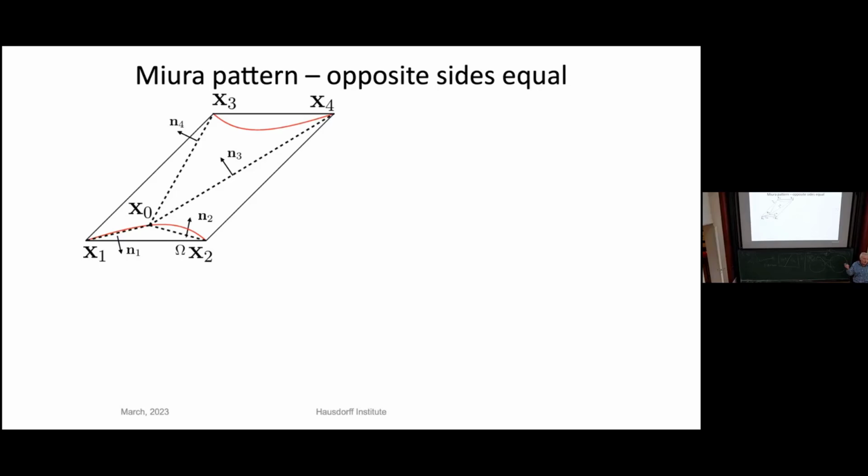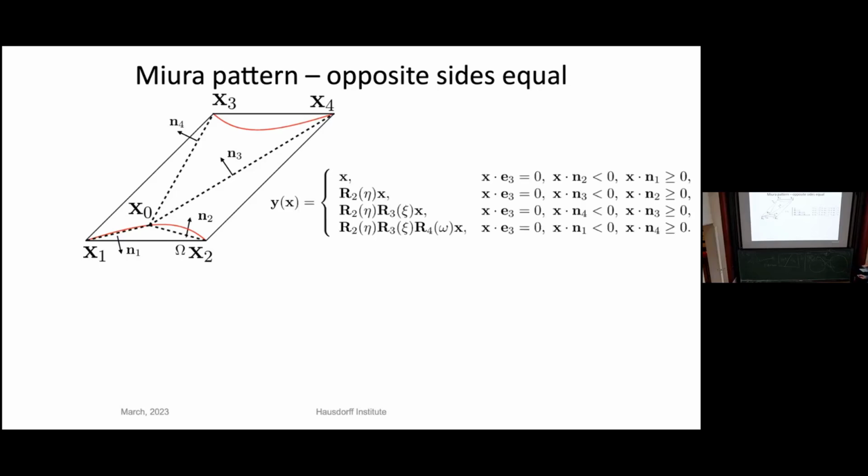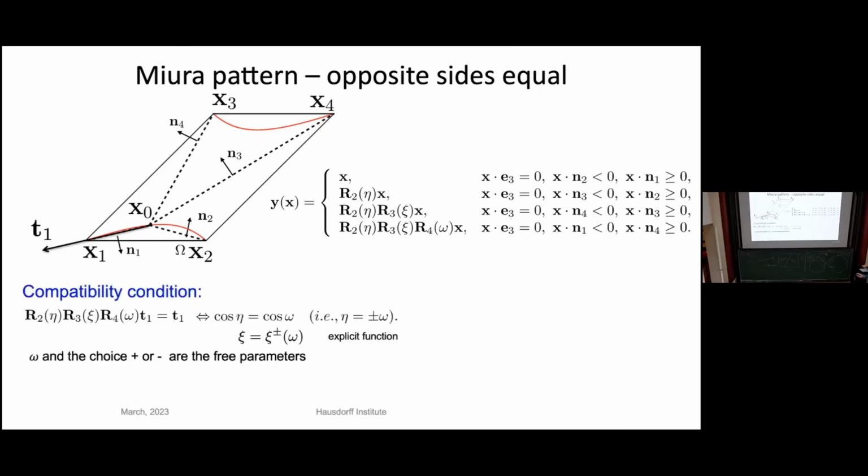So just put x0 on one of these red curves, draw these lines to the four corners, and you get something that can be folded. We already figured out how to fold it; those are the formulas. If I fix one of the regions, this is a continuous function, as long as this agrees with this at the appropriate crease, and we found that it's in fact T1, and that's this condition. It's equivalent to the angle eta being plus or minus omega. So again, there's one free parameter omega, and there's the choice of plus or minus.